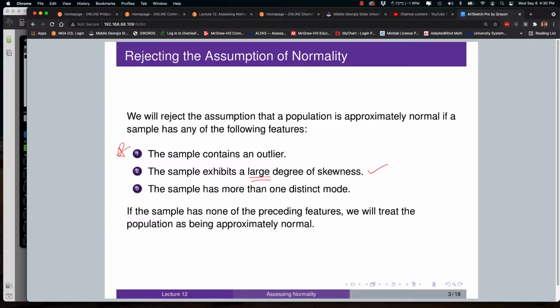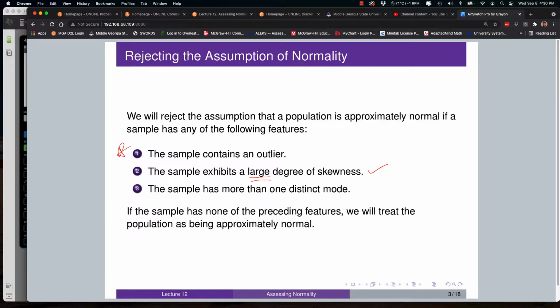When we talked about box plots, for example, we talked about one whisker being predominantly larger than the other, and that would give us an idea that the data set was skewed. Well, that's true, but that word large needs to be taken into account. It has to be a large degree of skewness before we say the data is not approximately normal. We'll look at an example of that shortly.